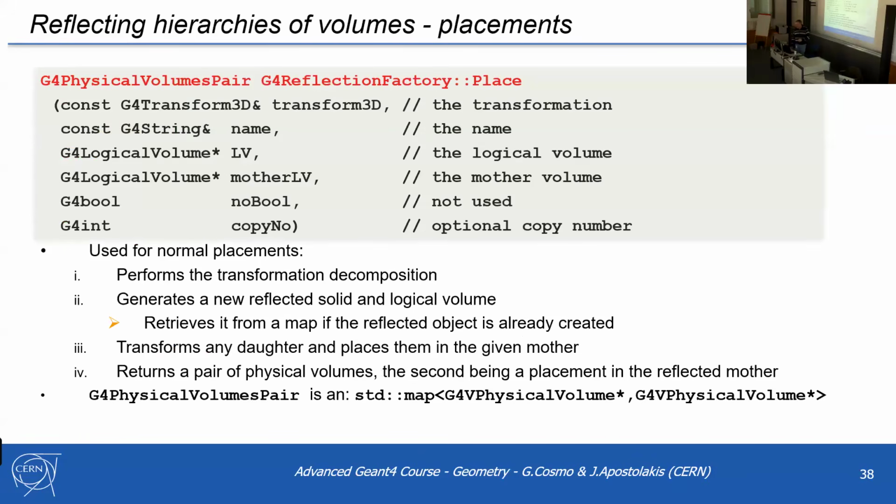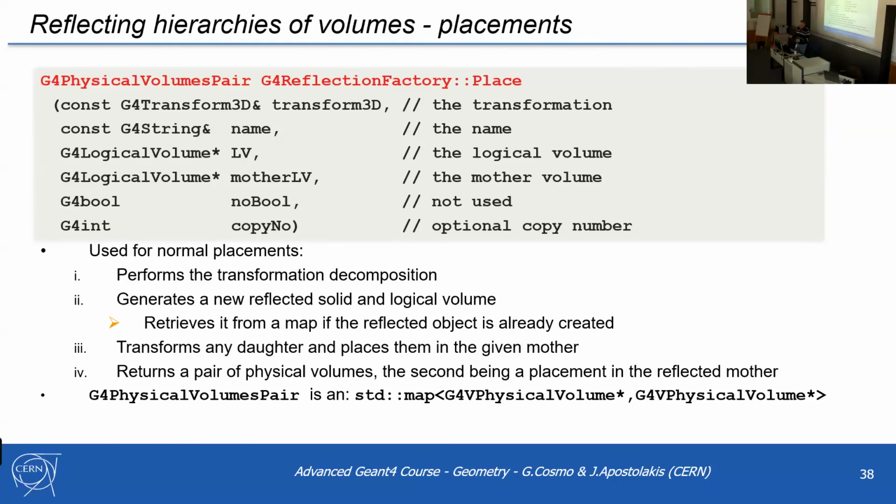So this is the main method of the reflection factory, which is Place. This method essentially allows you to take a logical volume and a mother volume, a transformation and a name to return you a pair, where the first is the physical volume, and the second is a placement in the reflected manner.